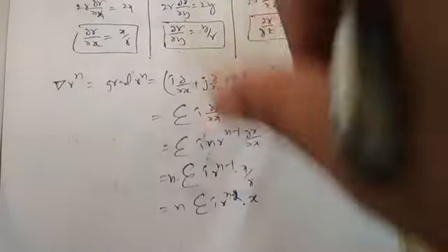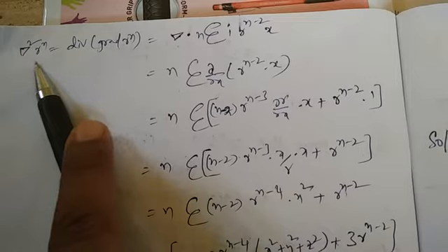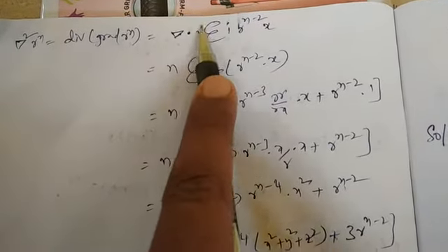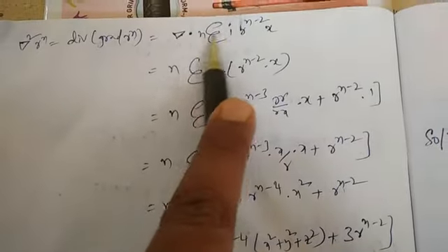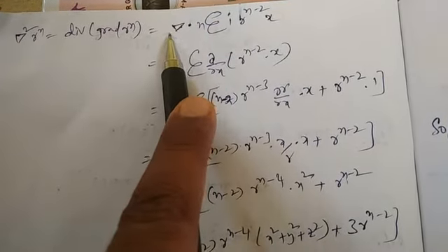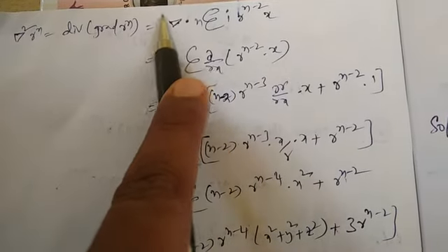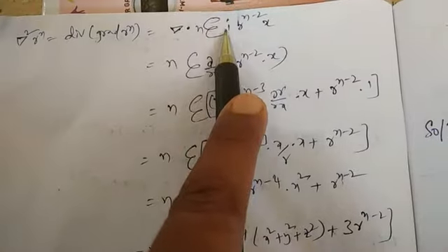On this we again apply the del operator. That is del square. Del square r power n is divergence of gradient f. The gradient f we just found is a vector, right? On this vector we apply del, which is i dou by dou x plus j dou by dou y plus k dou by dou z. Now i dot i is 1.